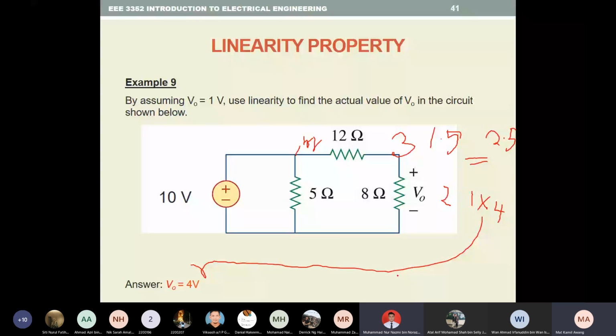It is really from your previous topic, on the property where the voltage across an element in parallel has the same voltage as the voltage source. So from there, you use the voltage divider between 12 and 8. If you assume this is 1, you look at its ratio. So that's why you can do that.